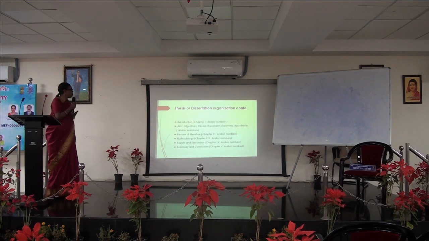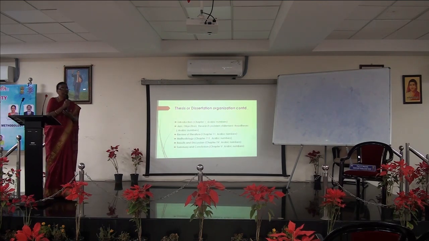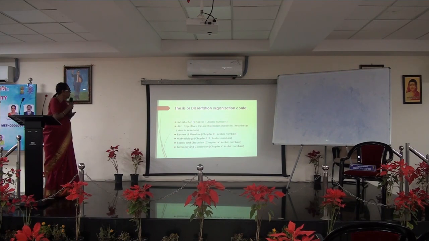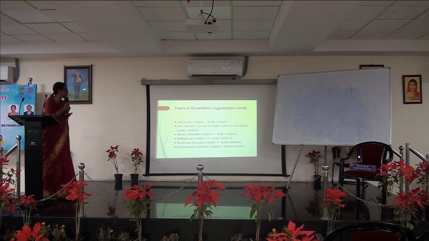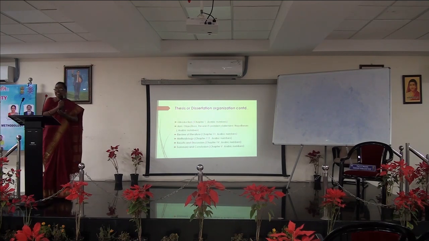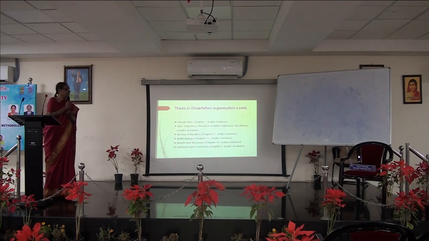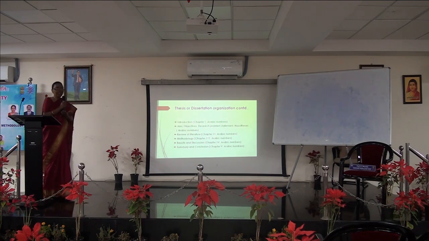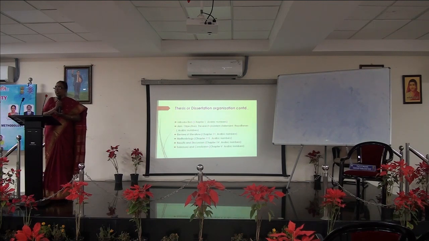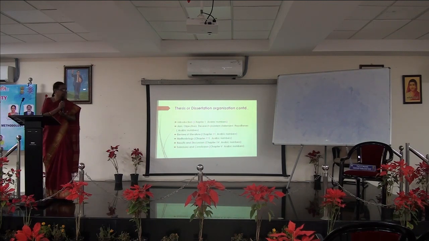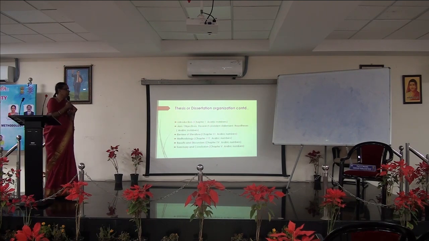Next one. Thesis or dissertation organization, continued. Introduction, chapter 1. From here we start the Arabic numbers. Usually it is less than 10 pages. Some 5 pages like that. Less than 5 to 10 pages. Aim: at the end of the introduction, some people include it as a separate one, not a chapter. Aim, objectives, research problem statement, hypothesis.